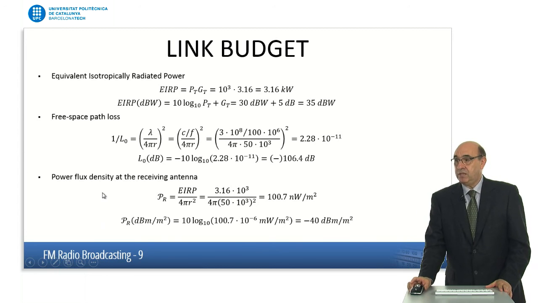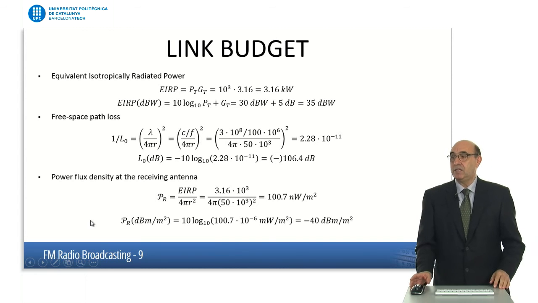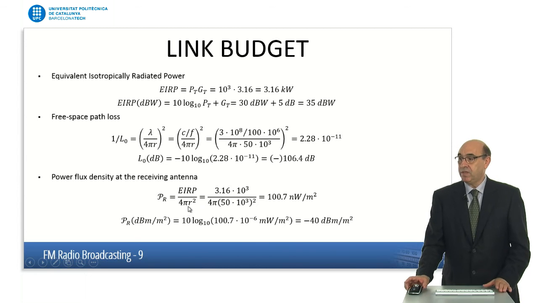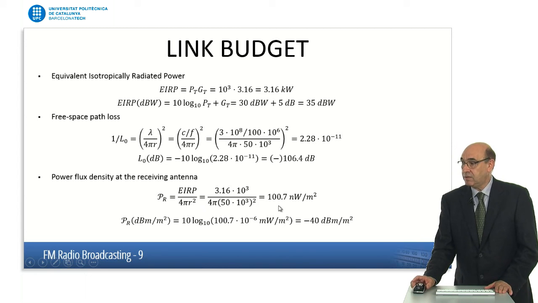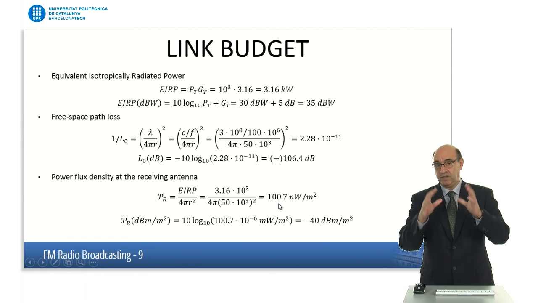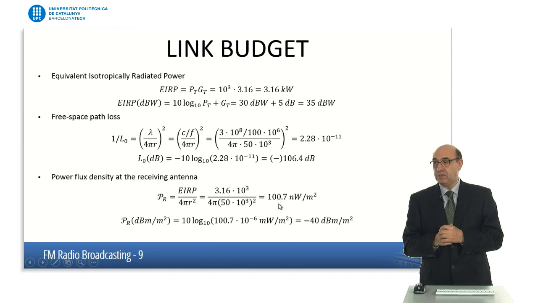Now we can find the power flux density at the receiving antenna, and this is the EIRP, the equivalent isotropic radiated power, divided by 4 pi r squared. This gives you 100.7 nanowatts per square meter. So this is a very weak signal from the point of view of power.